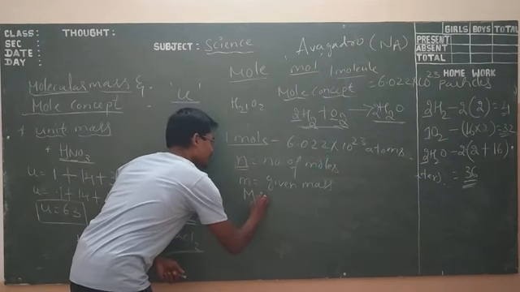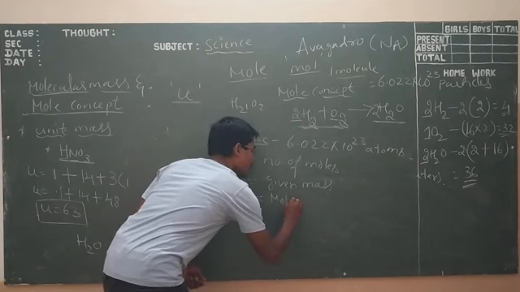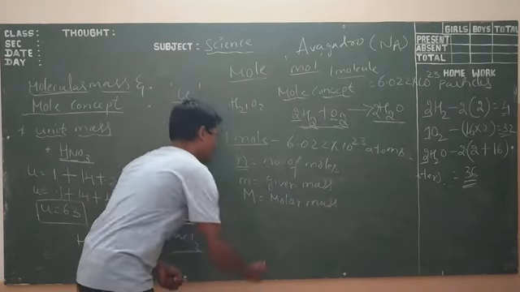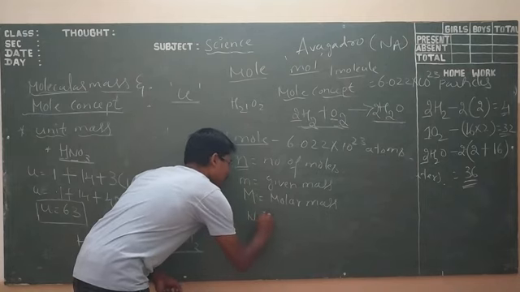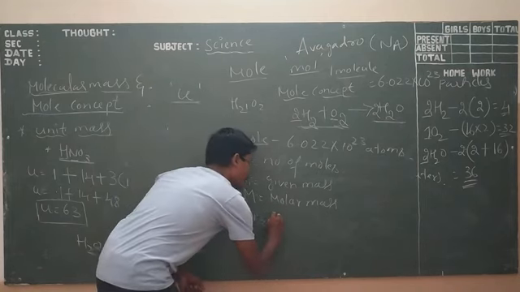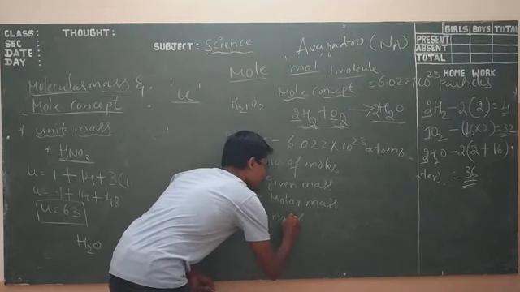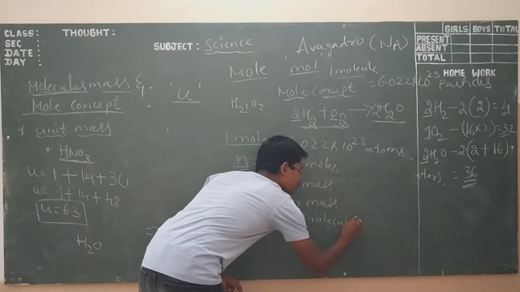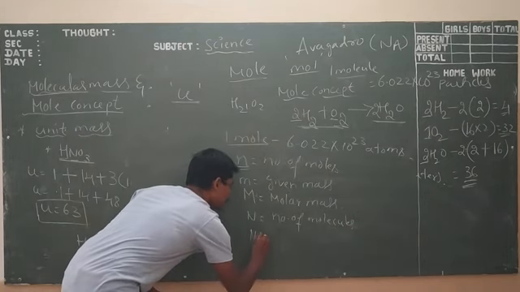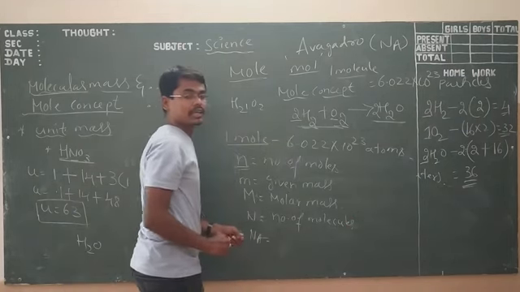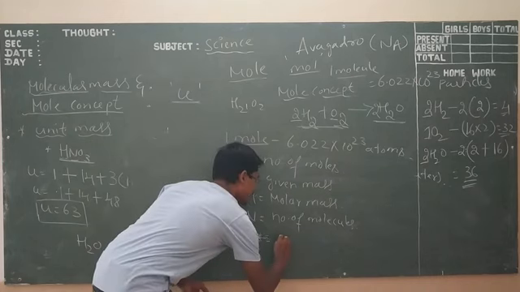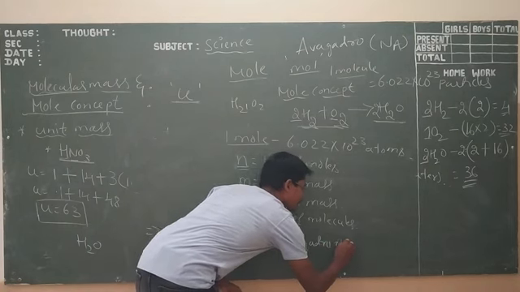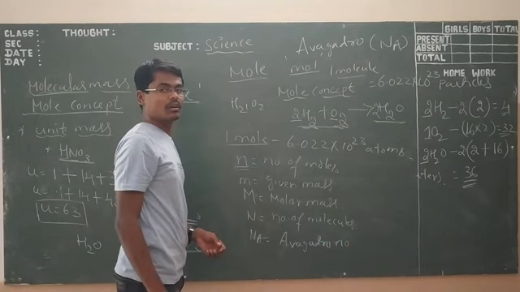Then I write capital M, this is molar mass. And now I write capital N, this is the number of molecules or atoms. And now I write the Avogadro constant, Na, which is given in the textbook.